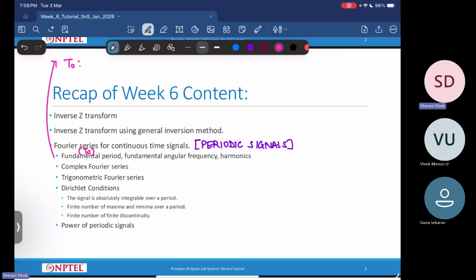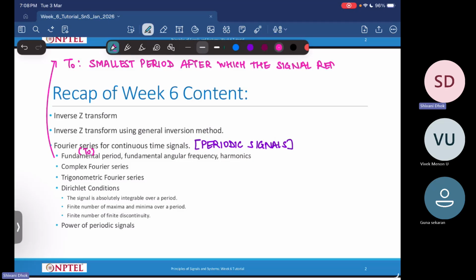This T naught is the smallest period or duration after which the signal repeats. We have seen this earlier, but still it's just a revision.